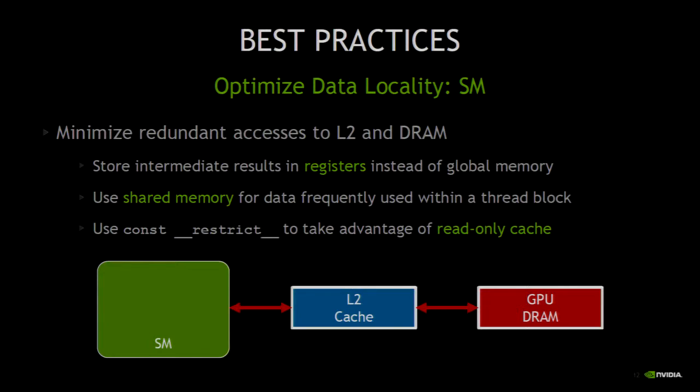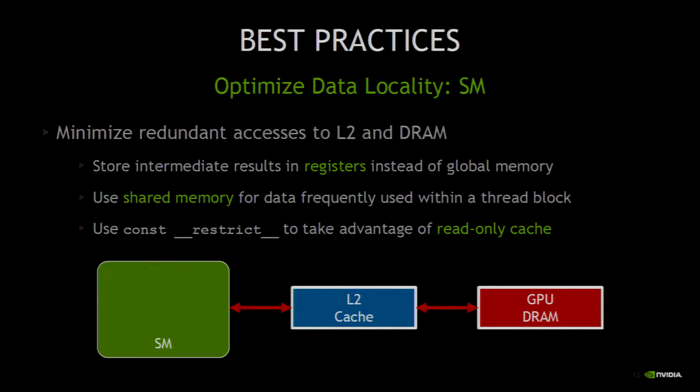You can use shared memory, a special memory available in each multiprocessor, to store some data and access it frequently. You can also take advantage of the read-only cache. The easy way to do this with the compiler is to specify the pointers with const restrict, and the compiler will usually use the read-only instruction for that.